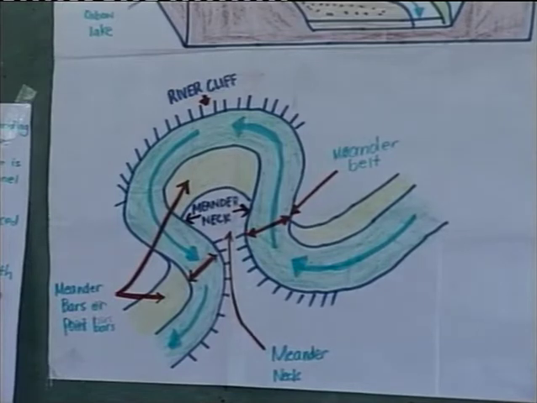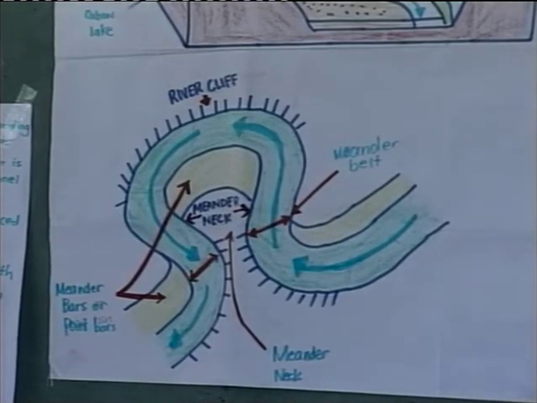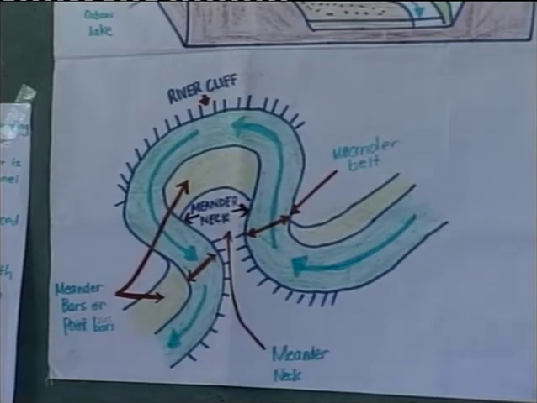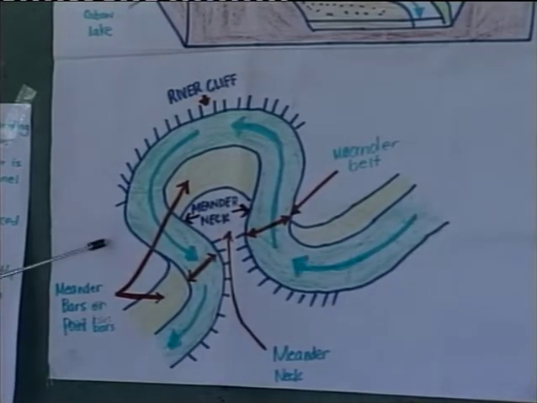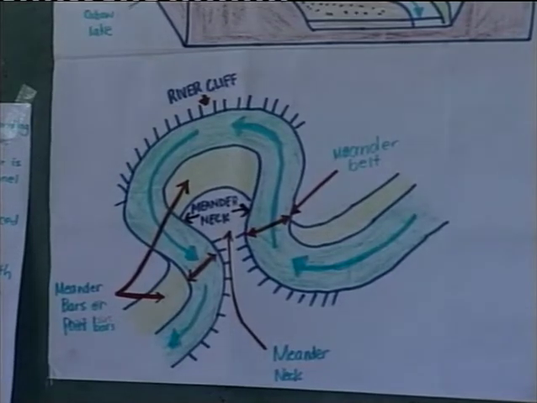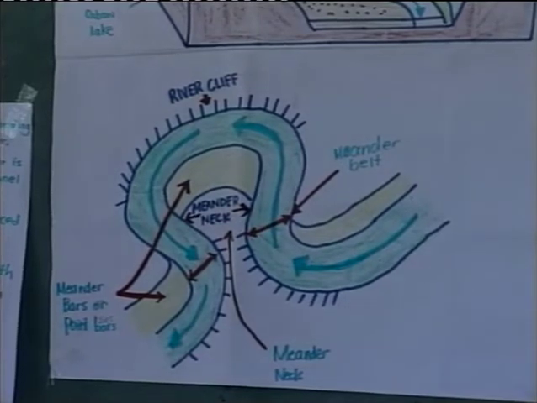These two. Okay. Meander belt is the total width across which the river meanders. This one is the meander belt. And the river cliff is a steep undercut bank of a river which is caused by continuous erosion. River cliff is formed along this side. It can be called a concave bank.